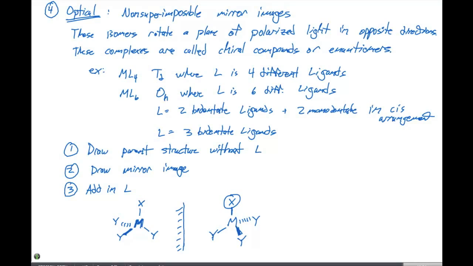So if I pick that up where I circled X, and I rotate it just a little bit, I can superimpose that or place it directly on top of that other molecule. So there's no optical isomers here.